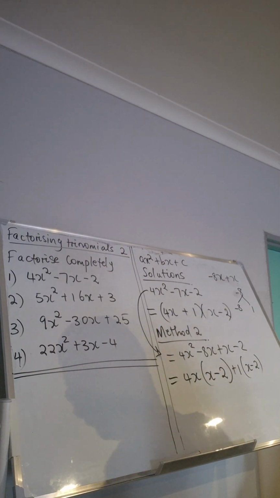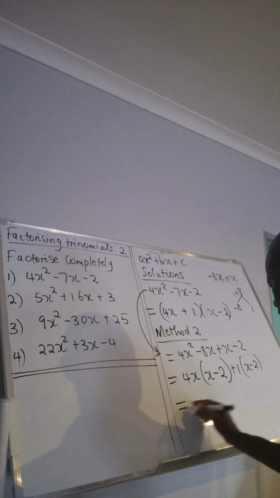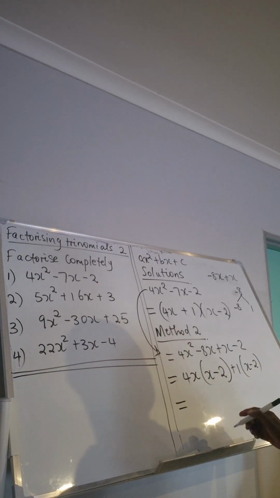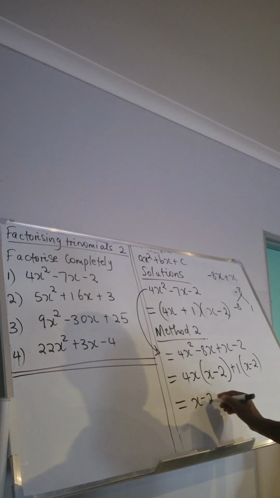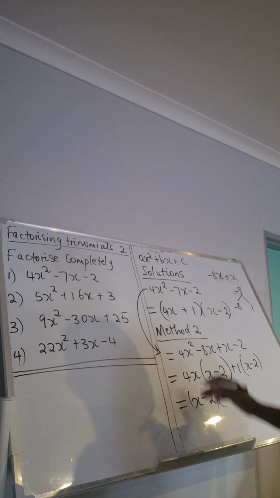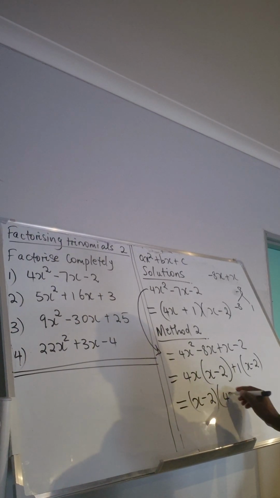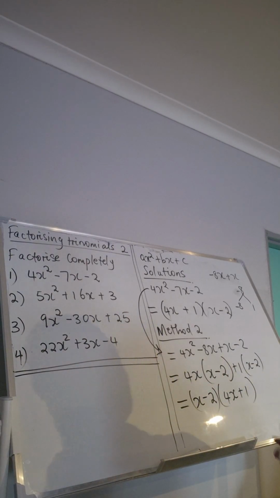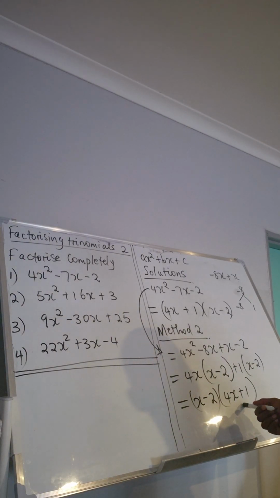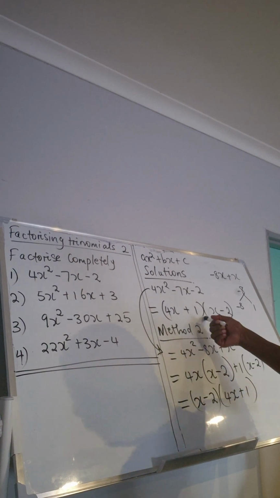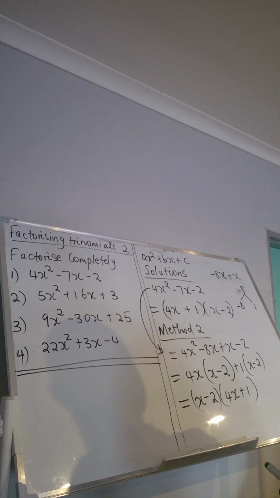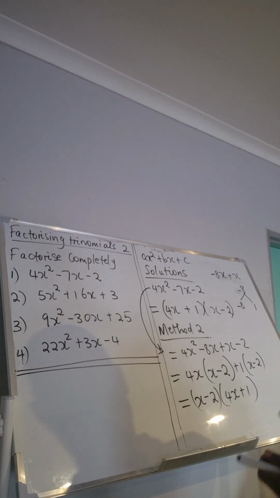Right. Now you continue. There's a common factor here, x minus 2. So put x minus 2 outside, then you do that division. This side you remain with 4x, that side you remain with a 1. So you can see this method gives us this answer, and this answer are just the same. That is, those two methods are going to work.